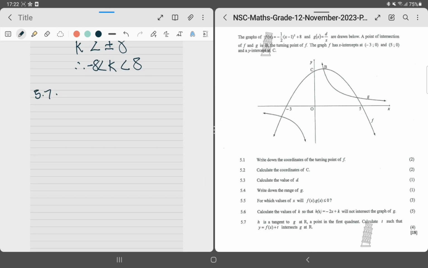H is a tangent to g at R, a point in the first quadrant.